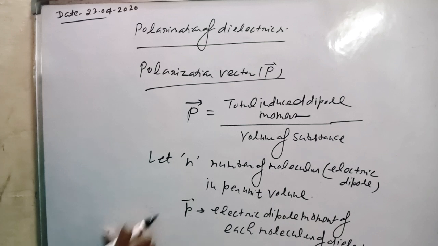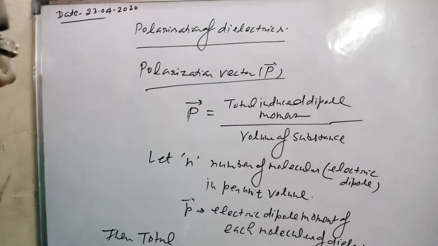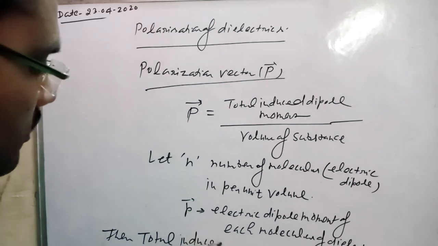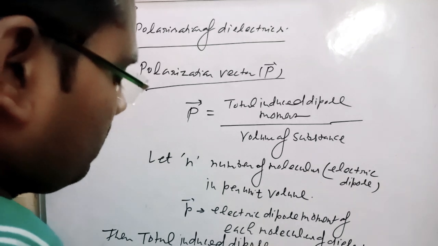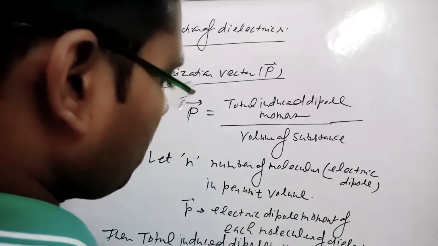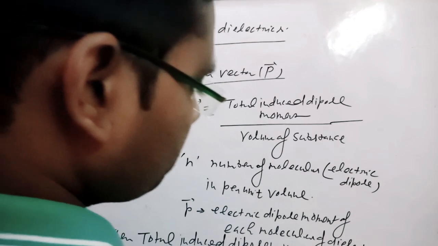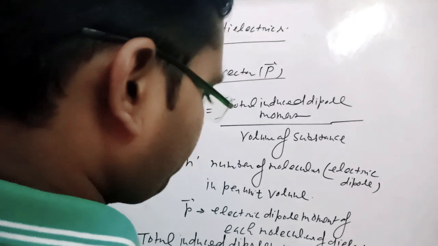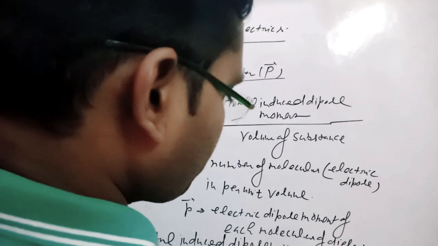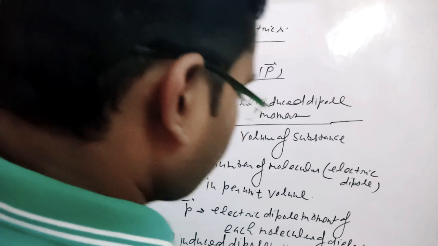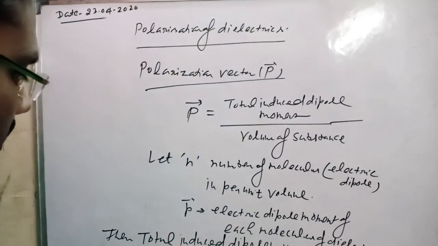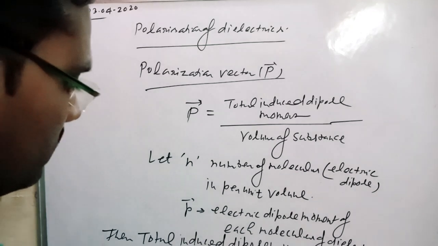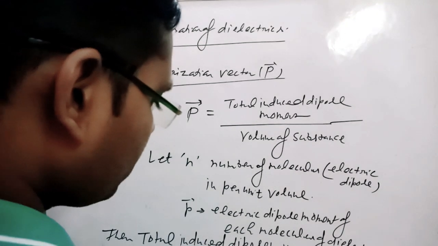Then the total induced dipole moment of the substance per unit volume is equal to Np.